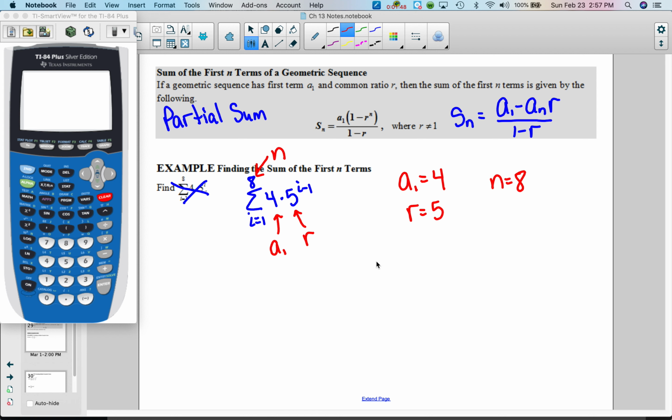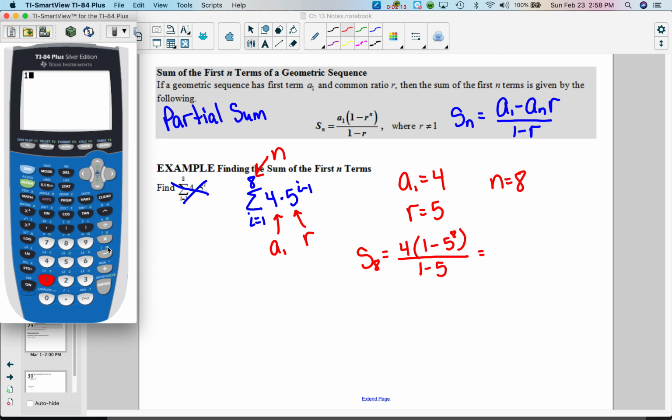So then from there we can actually use this formula here. So we have S sub 8, which is what we're trying to find, is a sub 1, which is 4, times 1 minus 5 to the nth power, all over 1 minus 5. And we could take our calculator. I'm going to evaluate 1 minus 5 raised to the 8th power.